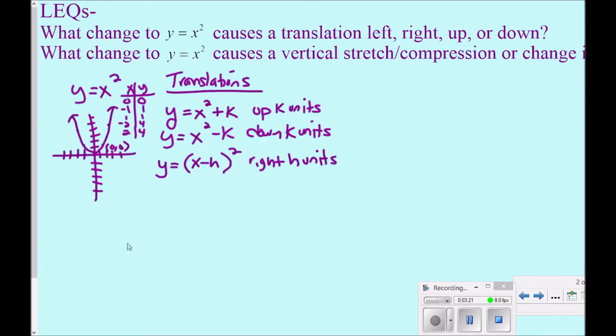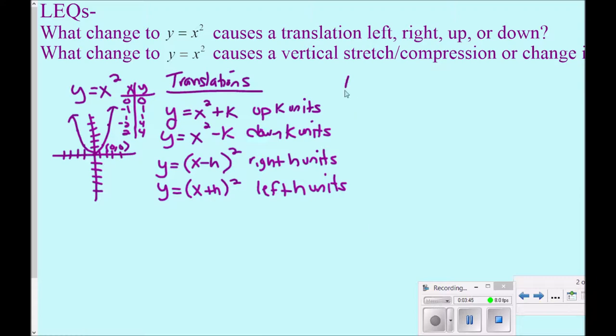It's not x minus h in parentheses, it's x minus h in parentheses squared, because it's a quadratic. If you forget the squared, then we're talking about a linear, and that would be incorrect. So then (x plus h) quantity squared would be left h units. Okay, so those are all the translations that can happen to a quadratic equation.